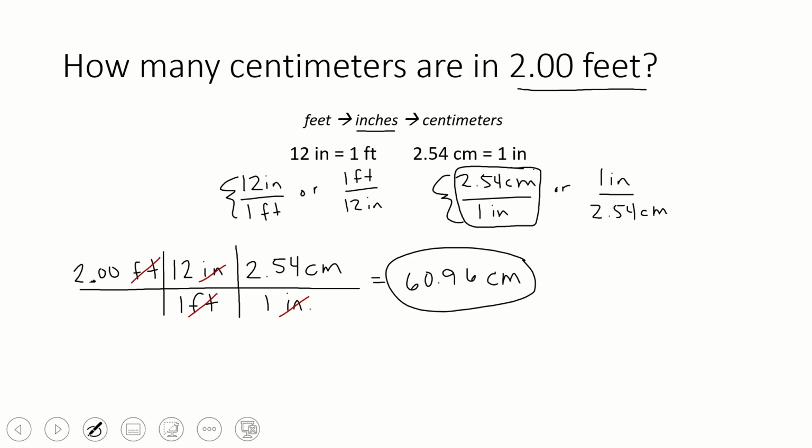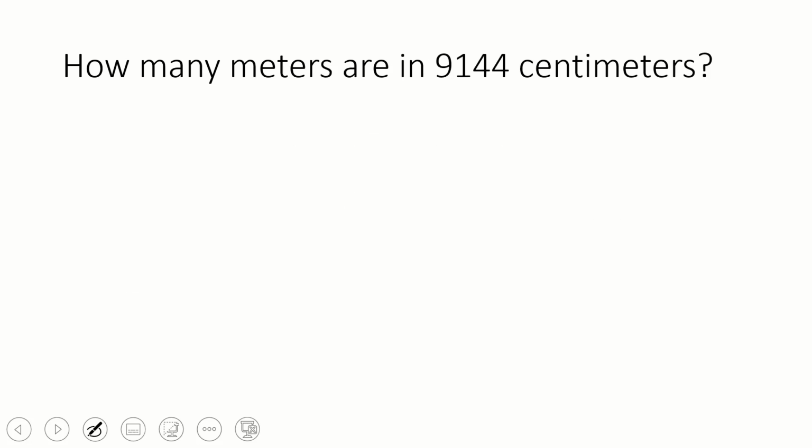Okay, let's keep going with this concept. How many meters are in 9,144 centimeters? If we're familiar with the metric system, we might know that 1 meter is equal to 100 centimeters. And that's the only piece of information we need to know to solve this problem.